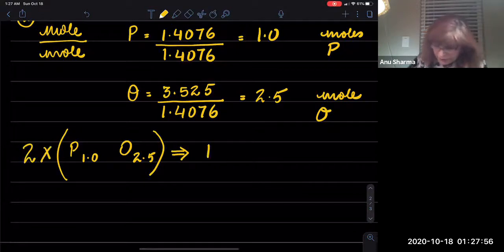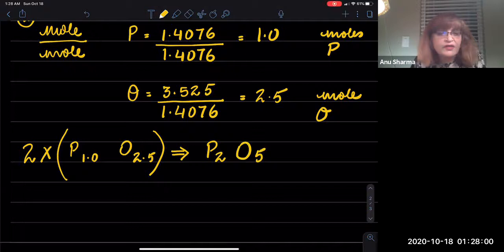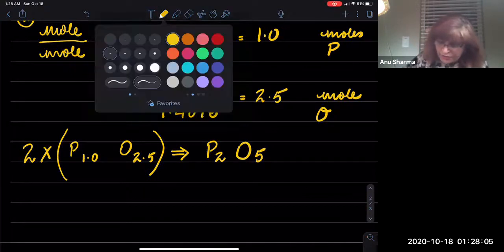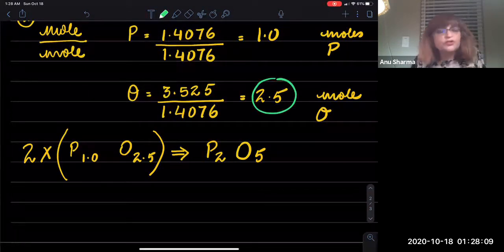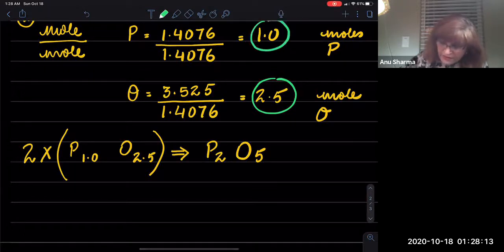That means phosphorus becomes 2 and oxygen becomes 5. We need to get the simplest whole number ratio, so 2.5 needs to be multiplied to get a whole number. So this is the empirical formula: P2O5.